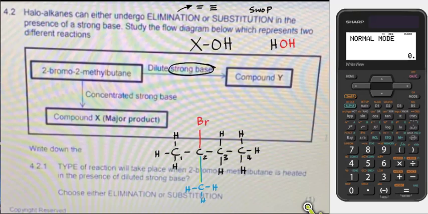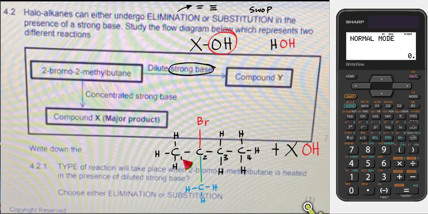You already know there is an OH. Let's say I was to write plus, let's call it X, and OH here. There is no way you can put OH inside here, because that is a single bond.